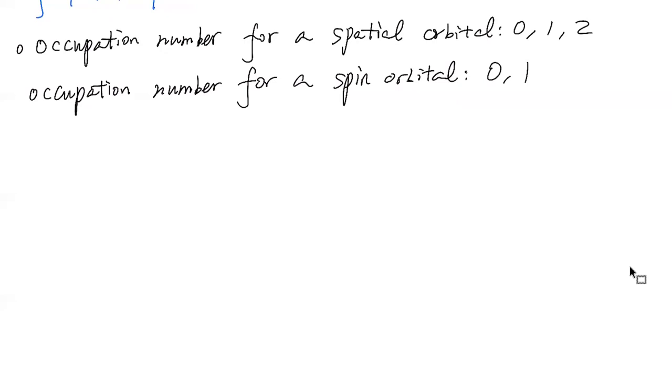So if you are only looking at the spatial coordinate, that simply means at the same point in space, you cannot have 2 electrons with the same spin. Okay, so 2 alpha electrons cannot be at the same point in space. 2 beta electrons cannot be at the same point in space. Okay.